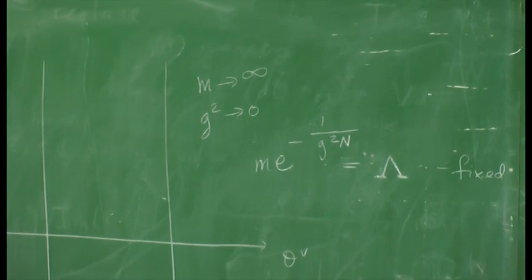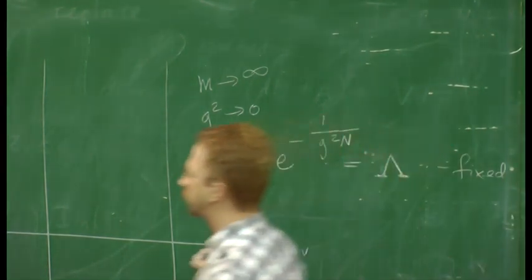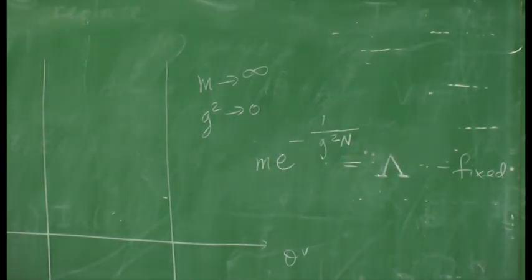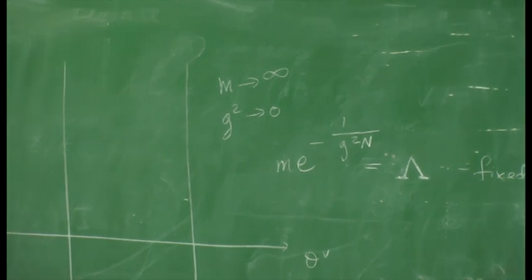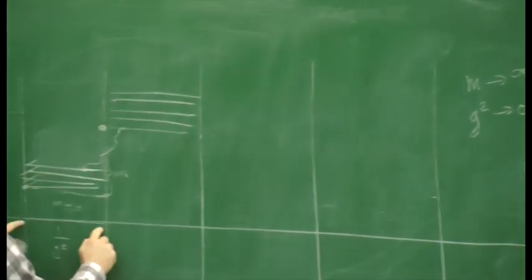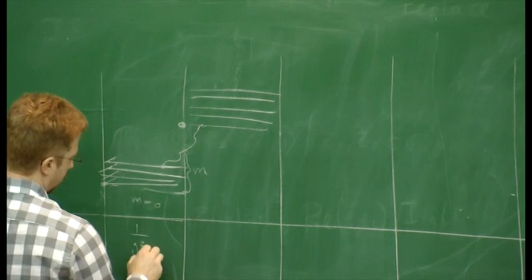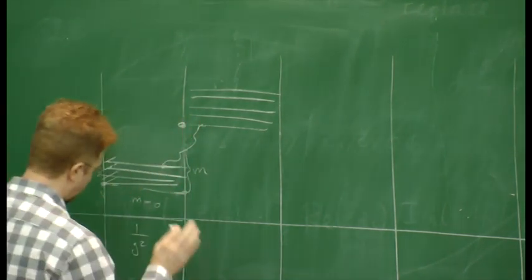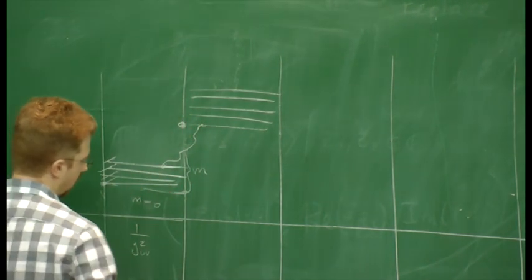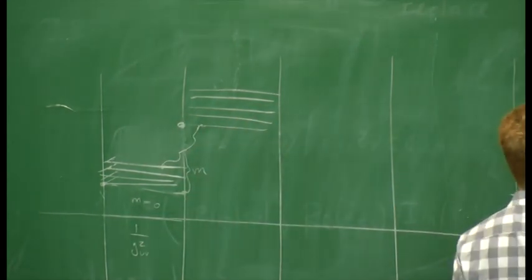The bare gauge coupling is related to the radius of that circle. And there are several factors which go into this.